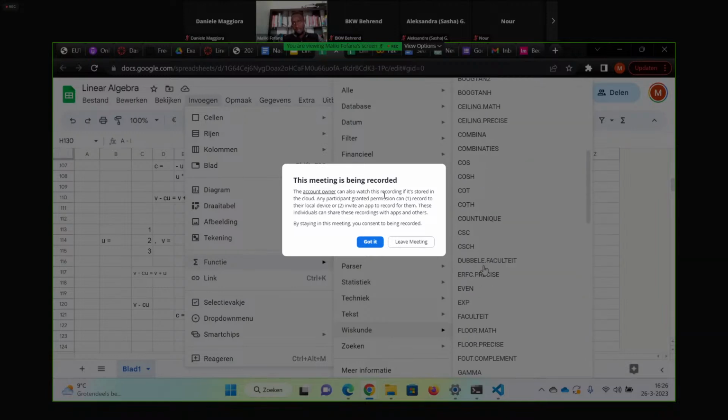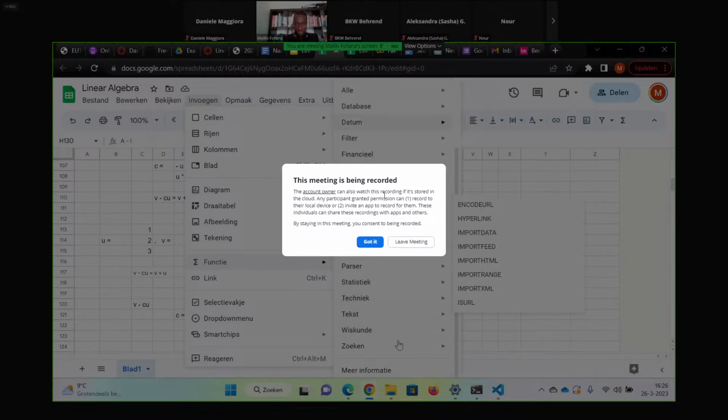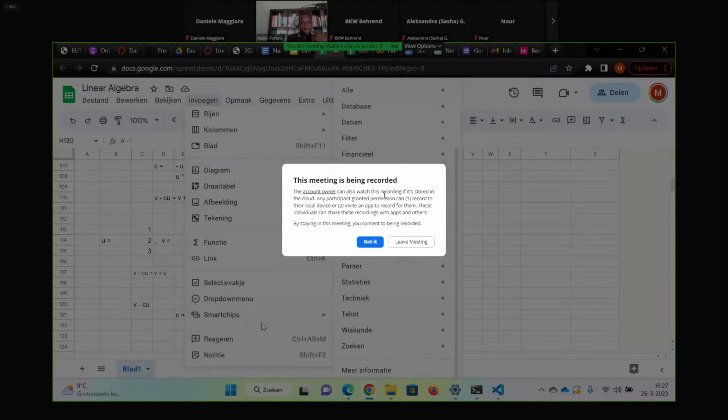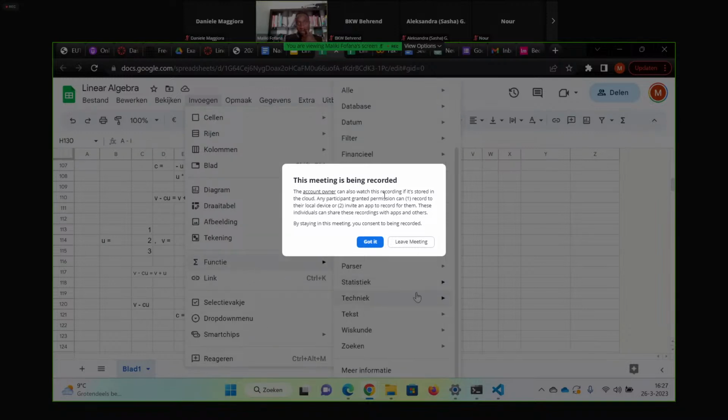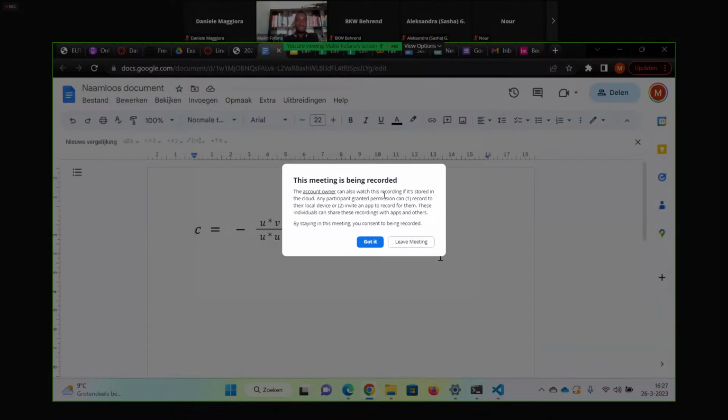Insert, and then symbols, if it's there somewhere. I don't have symbols. I can't see it. I know how to do it. I can just copy it from here, a new equation, and lambda. And copy it. Yeah, that works too.